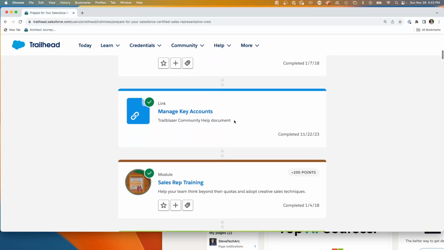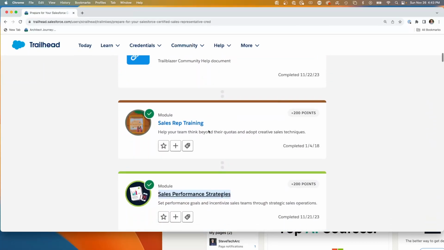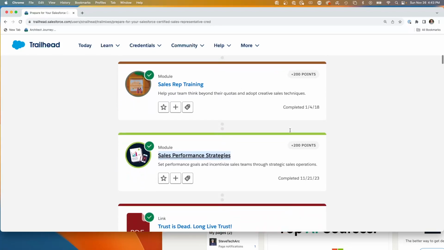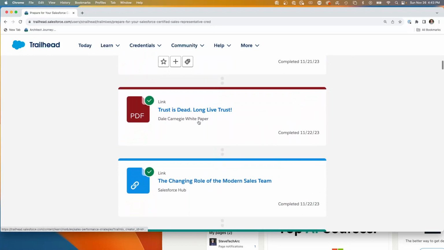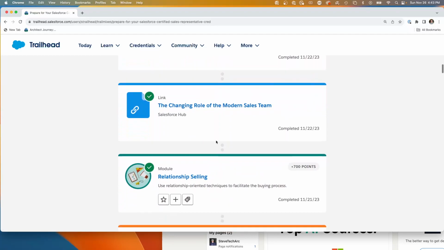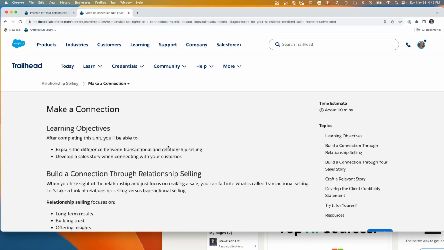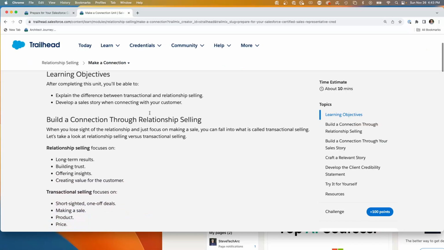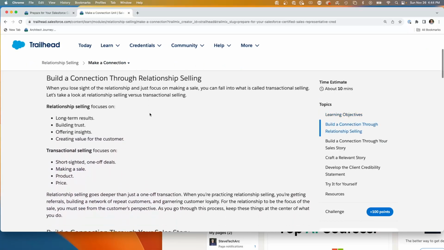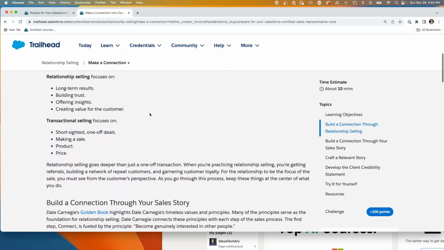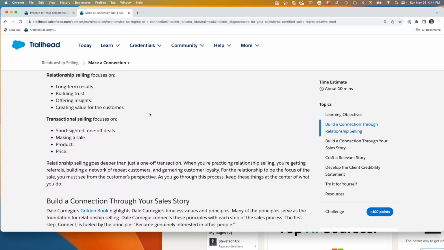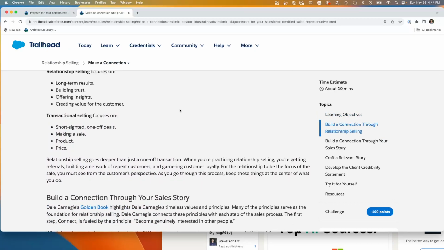We have some information about managing key accounts, some sales rep training, and sales performance strategies, and about the changing role and relationship selling. I actually enjoyed the relationship selling, how to build a connection, building trust, offering insights, a little bit more than just making a sale.